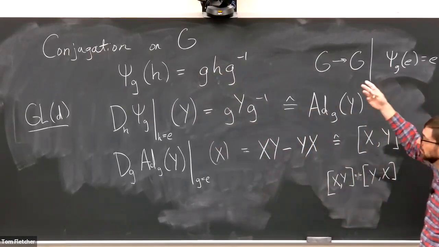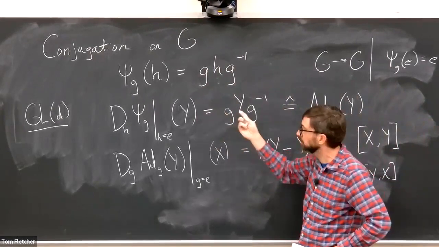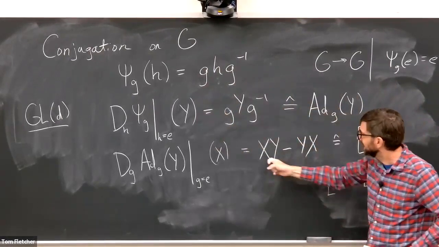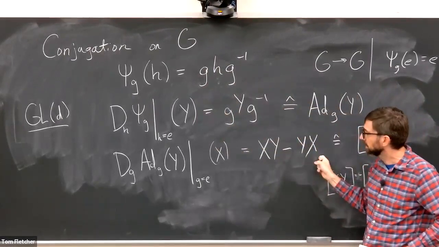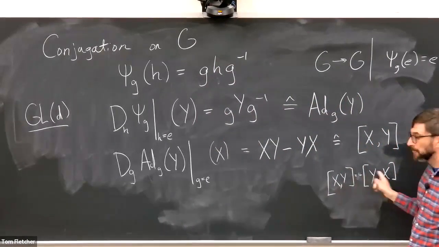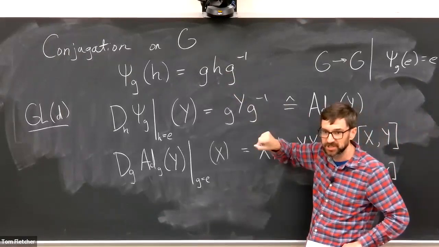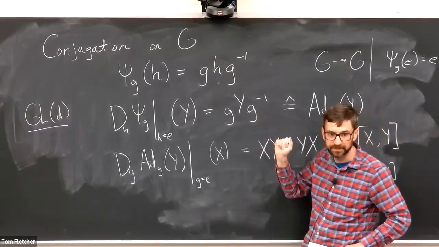This is just the identity function, and the derivative of a constant function is 0. And you can see that XY minus YX equals 0.